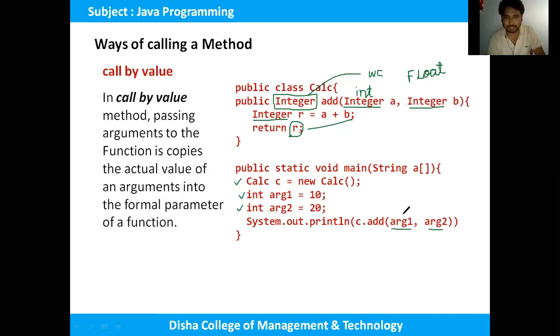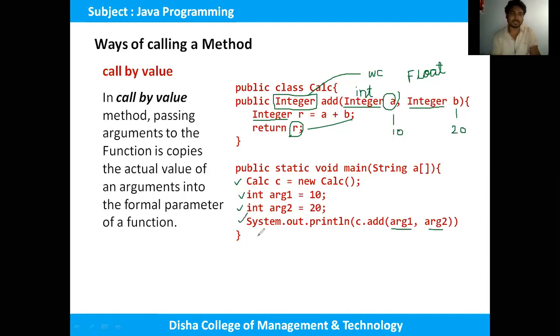When the values are passed, the actual values replace the parameters, so A takes the value 10 and B takes the value 20. Then it performs the addition operation and returns the variable R, so that we get the result in the main function.